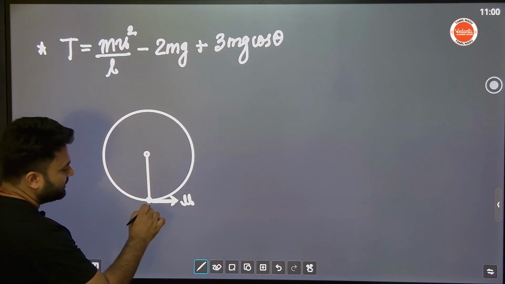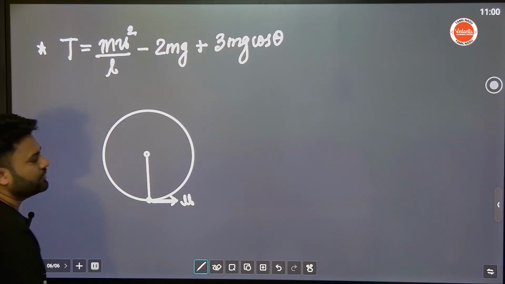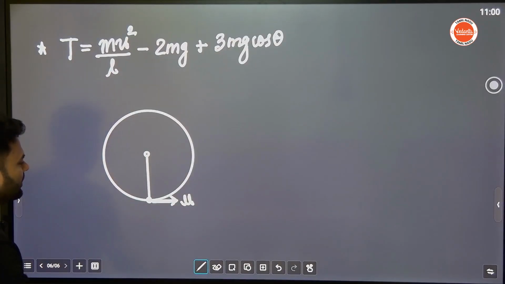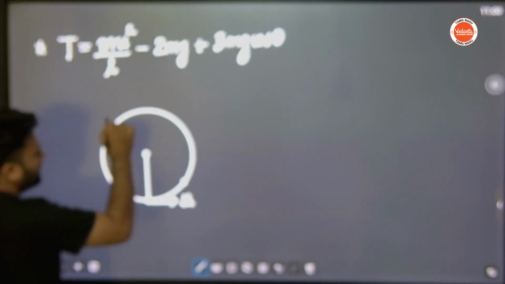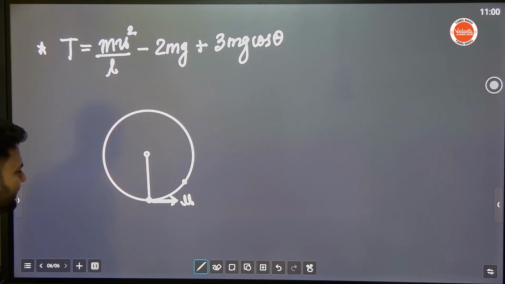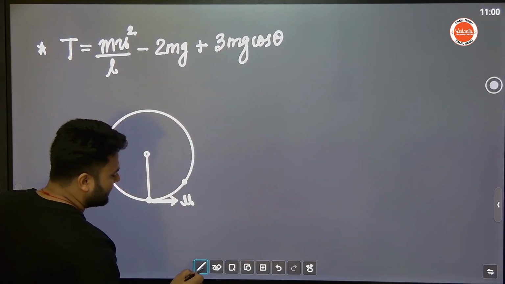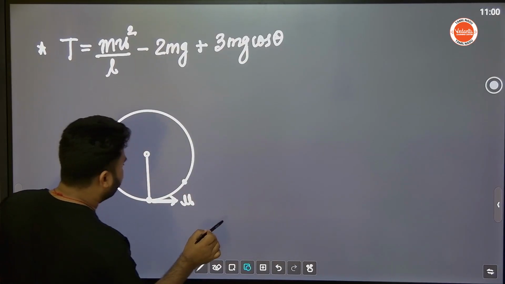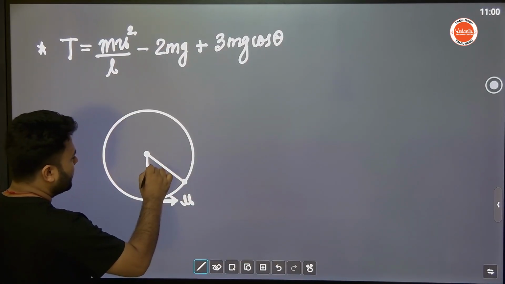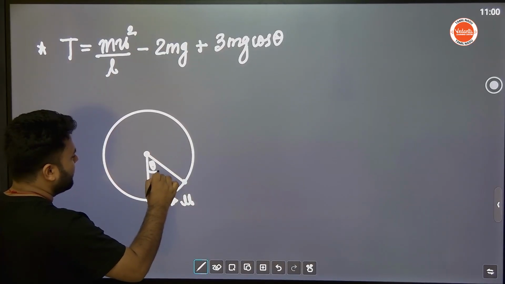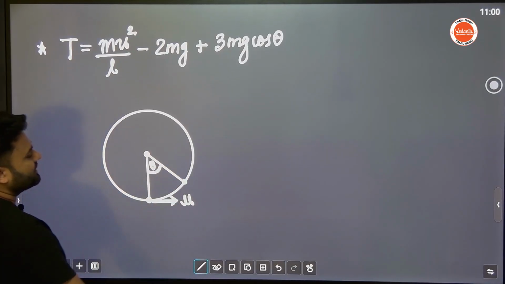With u speed at the bottom, the ball will go here, here, like this. They will ask that at any angle theta, what will be the tension, for example, if the ball is here. Tension acting on the ball.